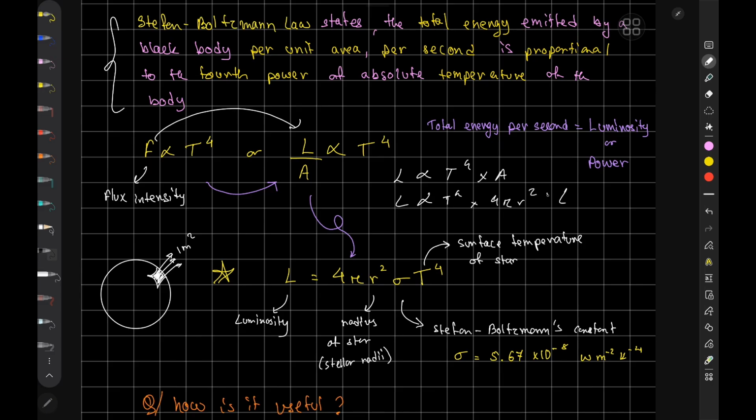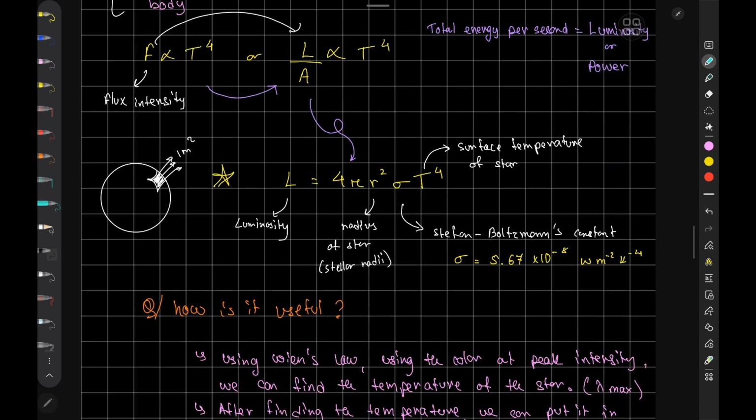So L is proportional to 4 pi r square T to the power 4. You want to remove this proportionality sign. We include something called the Stefan-Boltzmann constant. As the name suggests, they figured the constant out, and it's called Stefan-Boltzmann constant.